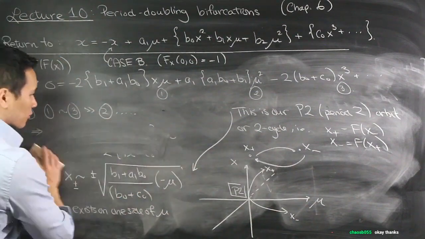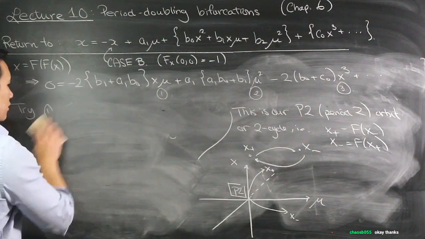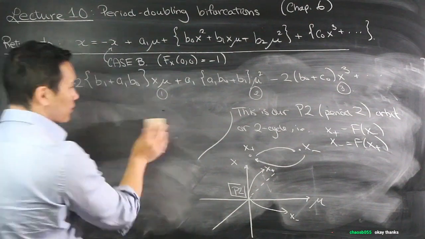Okay, so this, by the way, is called a supercritical P2 orbit.